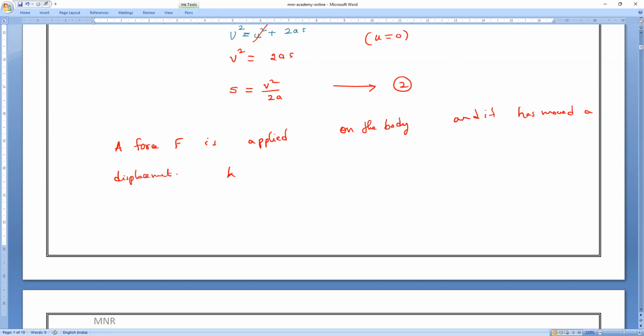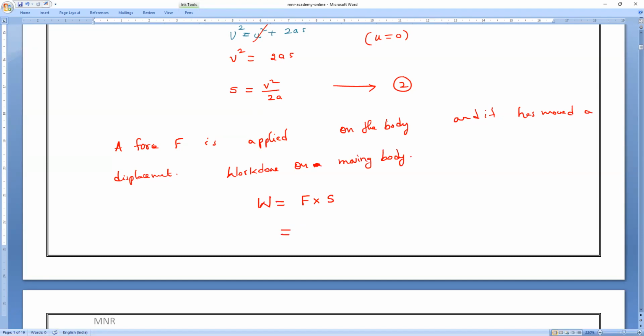Work done on moving a body is equal to how much, everybody? Work done is equal to force into displacement. All of you clear?